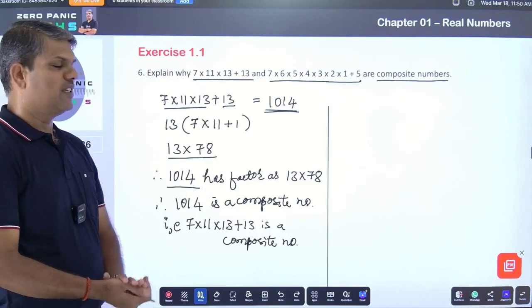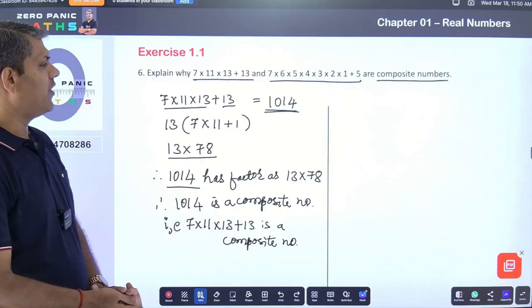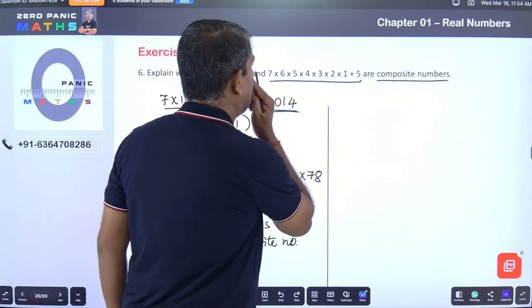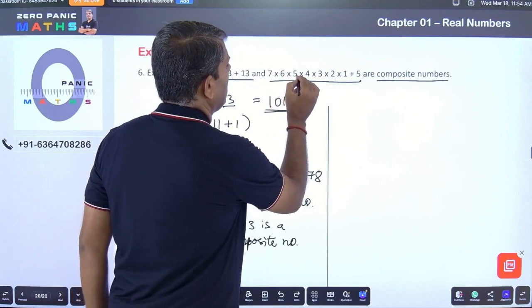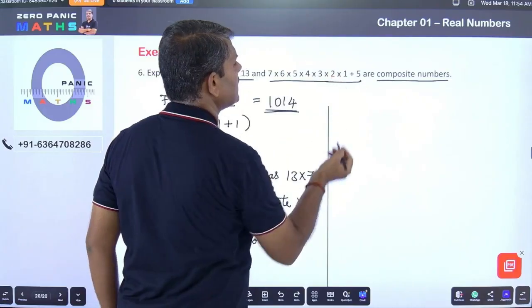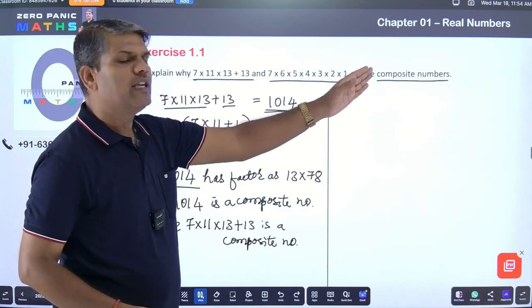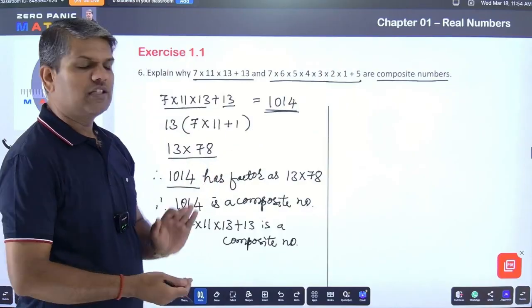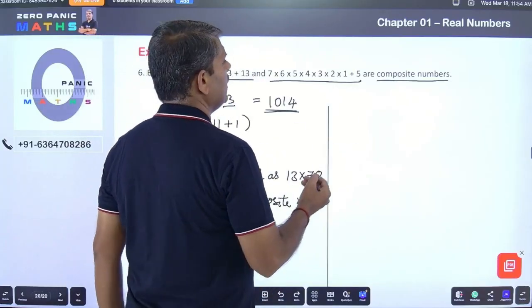Hope you understood this. Let us continue with the next problem in a similar fashion. If you observe this carefully, this value 7 multiplied by 6 multiplied by 5 4 3 2 1 is actually 7 factorial. 7 factorial plus 5 is a composite number. That is the problem given here. Let us continue with the same approach.